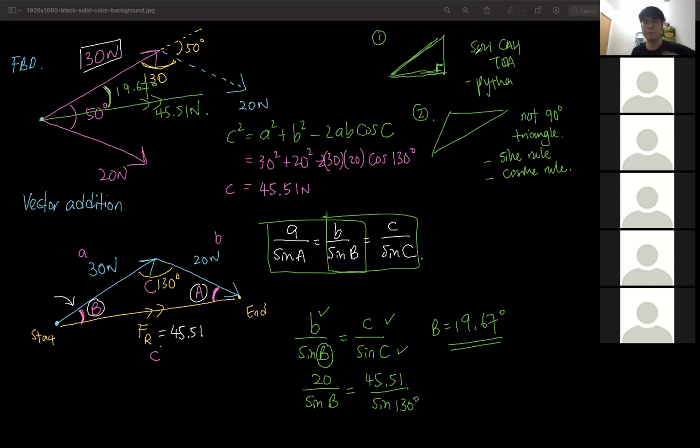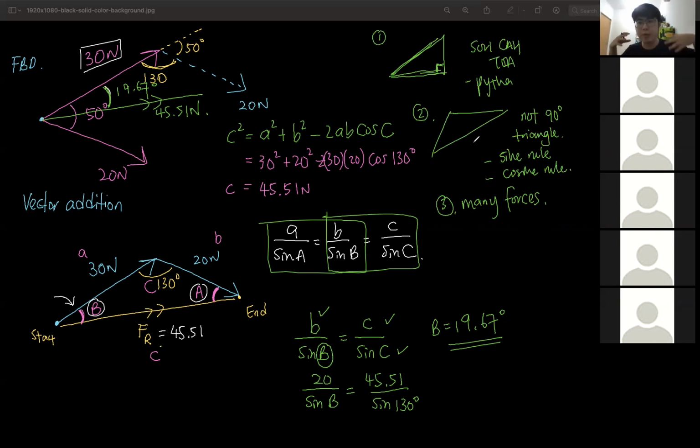Number 3 is when you are dealing with many forces, like 3 forces or 4 forces or even 5, many forces acting on one single object. You cannot use number 1 and number 2.